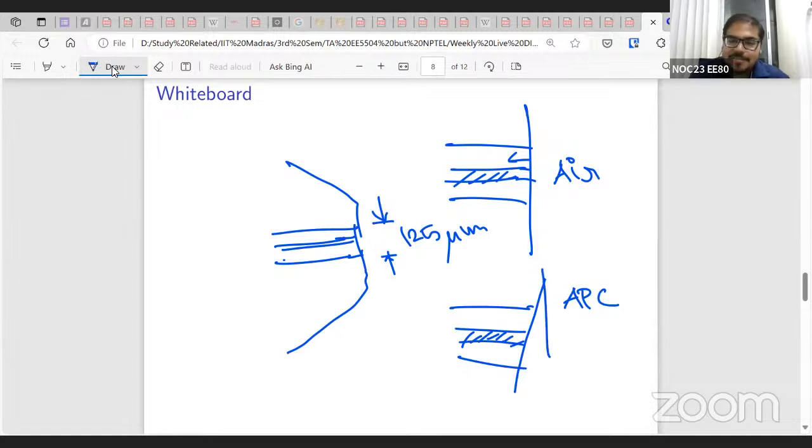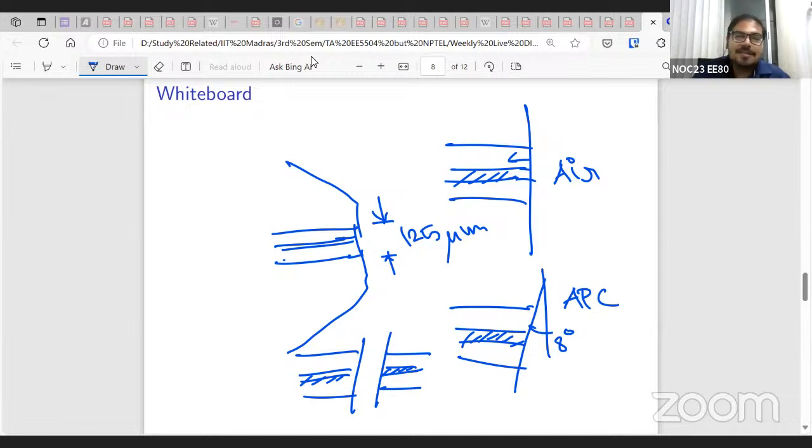It is at, sorry, not 80 degree, 8 degree angle, which reduces the reflection quite a bit. But to connect two such connectors, you need to align the other connector also.